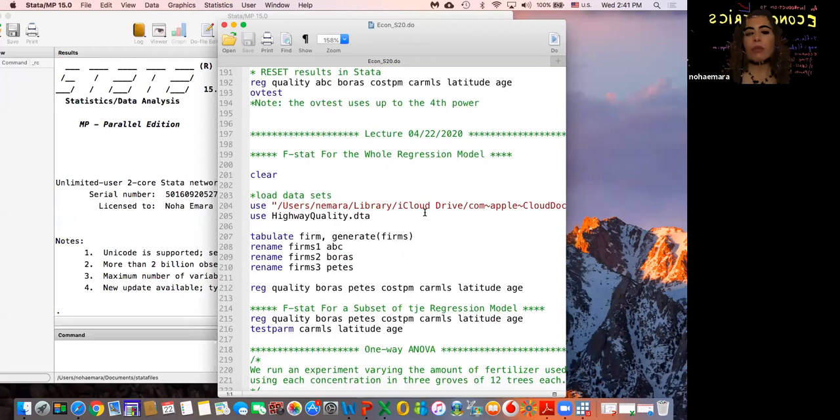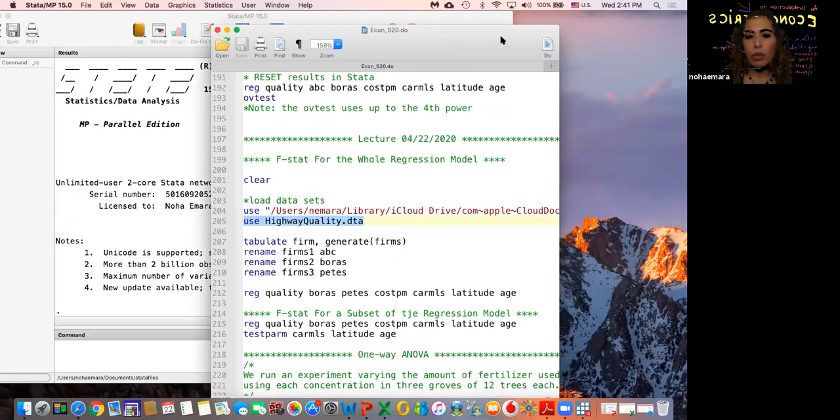So now I'm going to show you how to perform the F test, or the different types of the F test in Stata. So let's get the data set. We are going to be using the highway quality data set. I don't have anything to clear, so let me just go ahead and get the data.